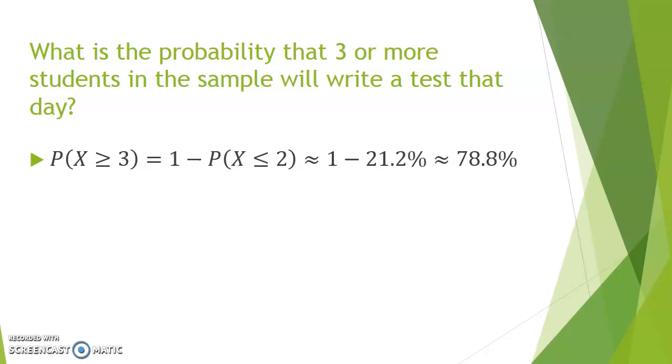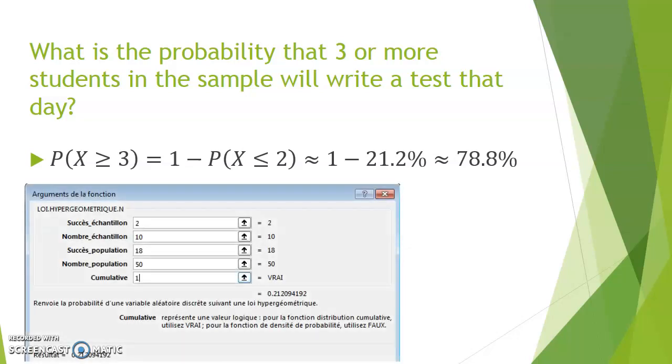Also, Excel has a feature that allows you to add up the cumulative probabilities for a number and those that precede. So you'll notice in the bottom window of our Excel function, I have placed a 1 to say that I want to add up all probabilities for 2 or fewer successes.